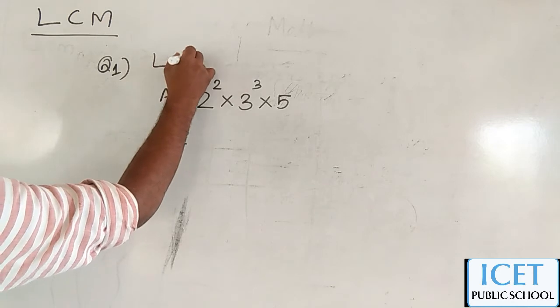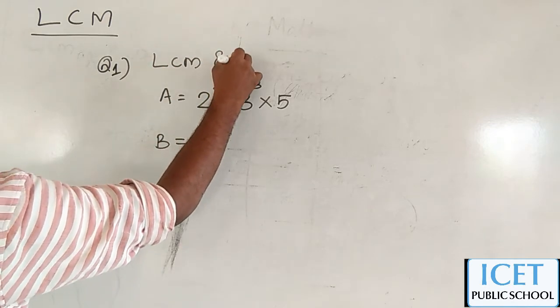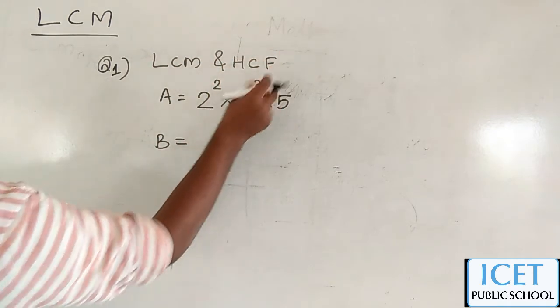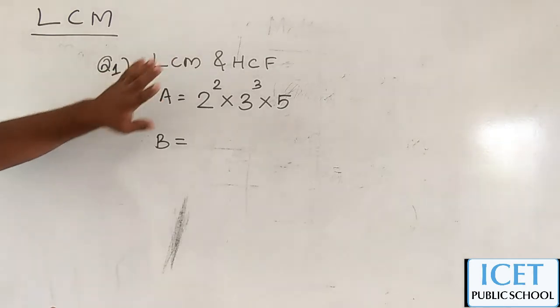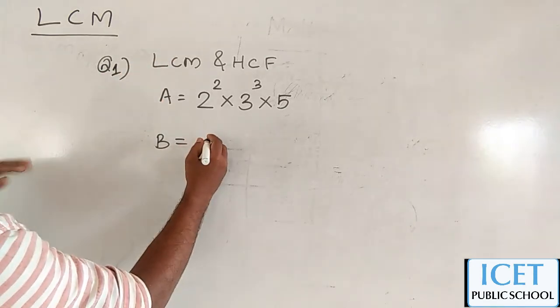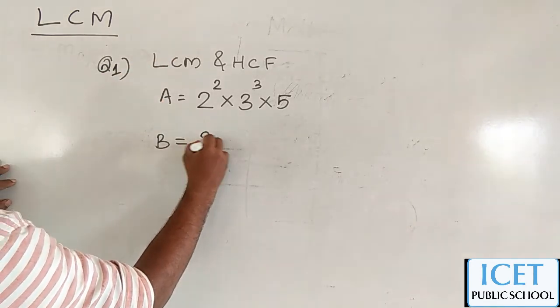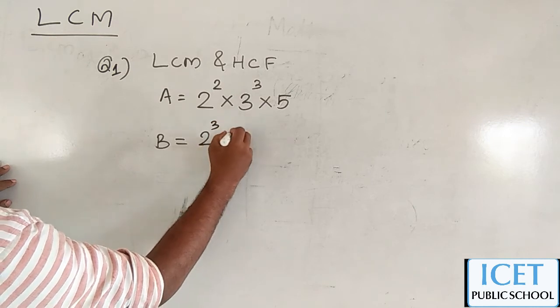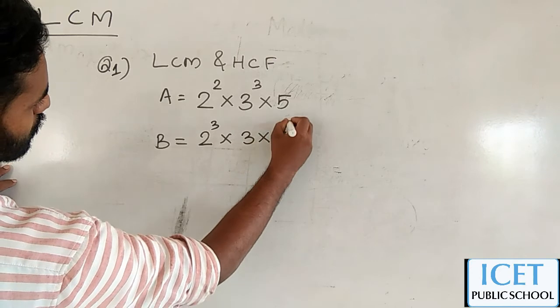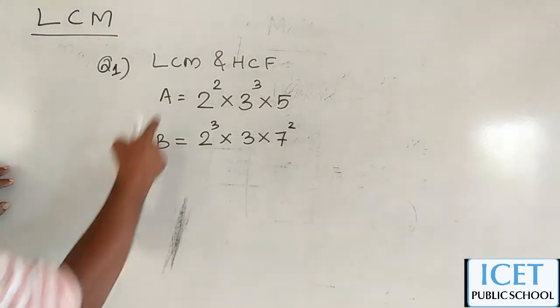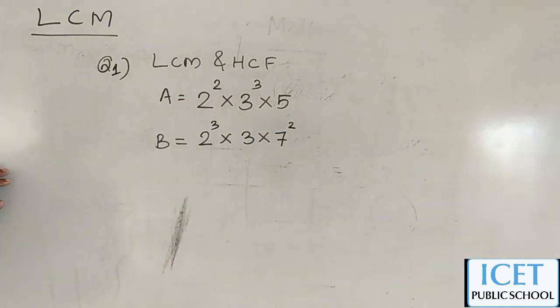You have to find both the LCM and HCM because it can be done using the prime factorization. The prime factorization is the method for both LCM and HCM. Find both LCM and HCM. It is a question.